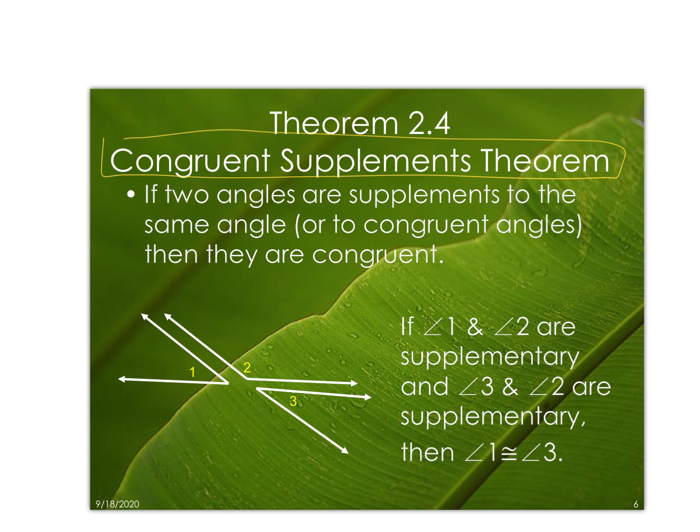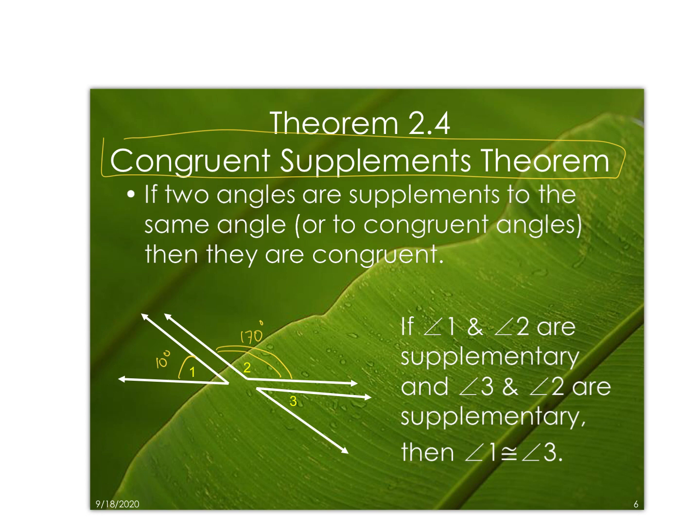So let's just think about it using numbers. Let's reason this out to make sure we understand it. Let's pretend that angle 1 has a measure of 10 degrees. If it's supplementary to angle 2, then angle 2 has to equal 170 degrees because we know that supplements have a sum of 180, right?